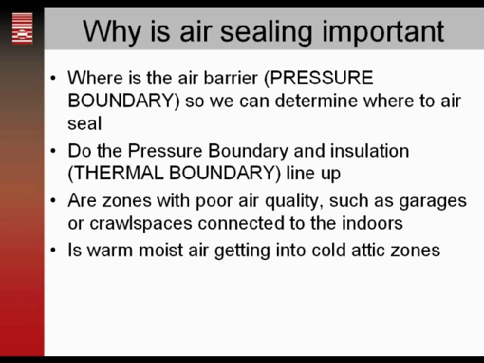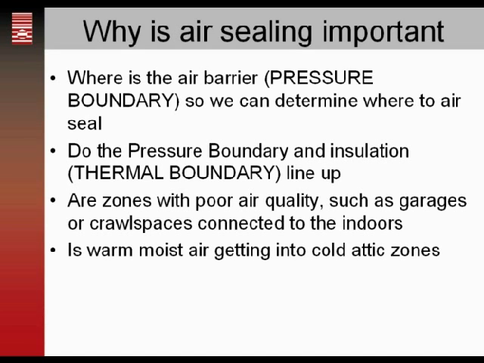And we're going to want to know, do the pressure boundaries and the insulation boundaries line up currently, and where do we want them to be? Insulation boundary and thermal boundary are interchangeable terms, and we always want our pressure boundary and our insulation boundary to line up. And at the beginning, I'll show a case study that shows what can happen when we don't have these thermal boundaries and pressure boundaries properly aligned.